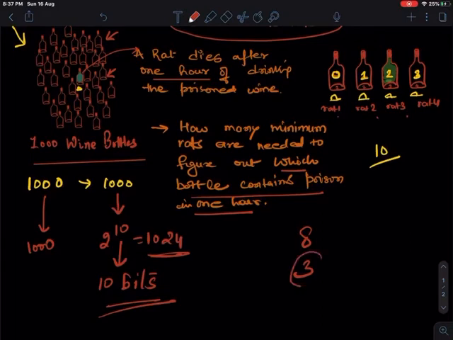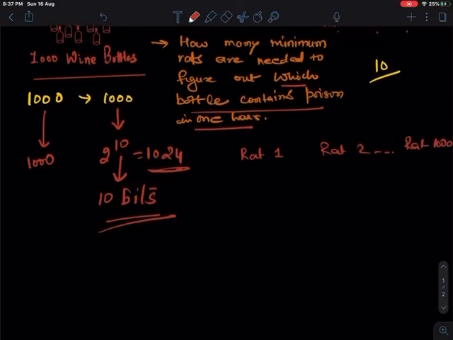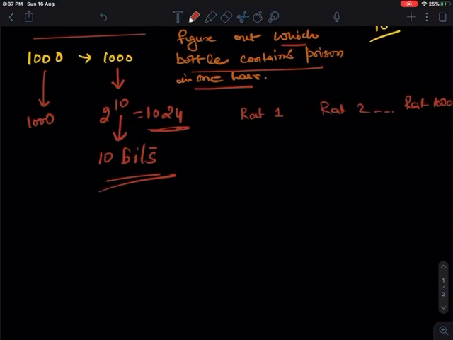So your problem can be solved just the same way. In this scenario you need only 10 bits to define all these 1000 rats, right? So what is happening here is that rat 1, rat 2, rat 3, up to rat 1000 are now represented with just 10 numbers, which are binary numbers.